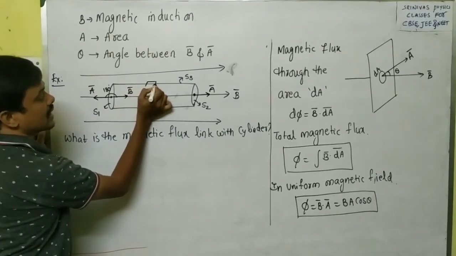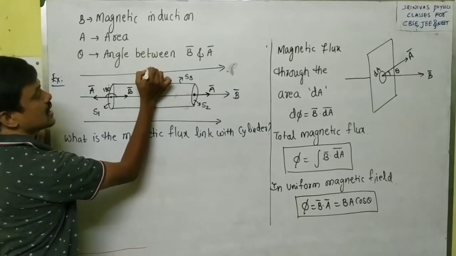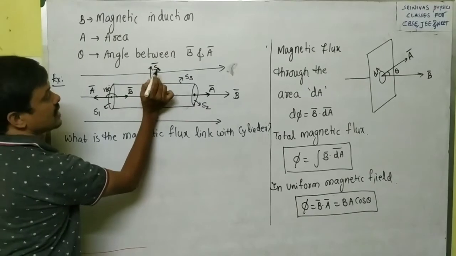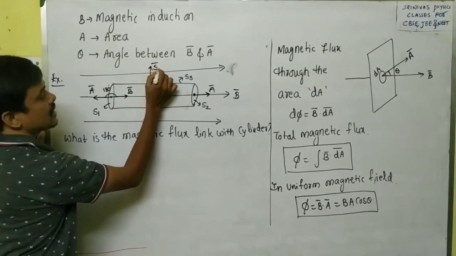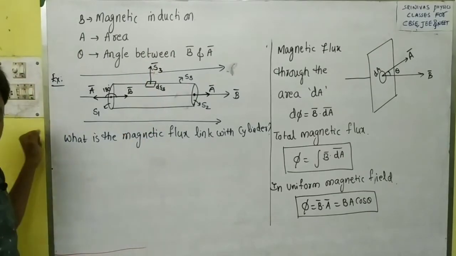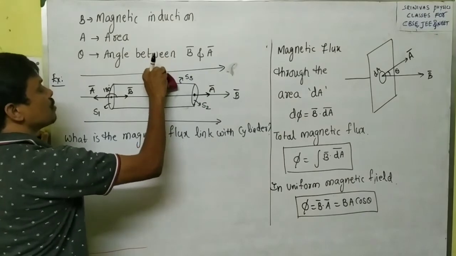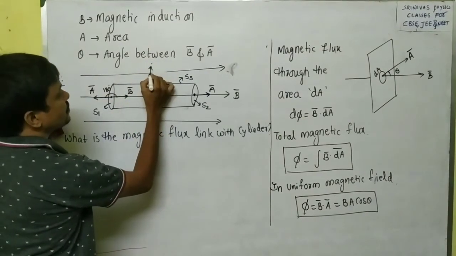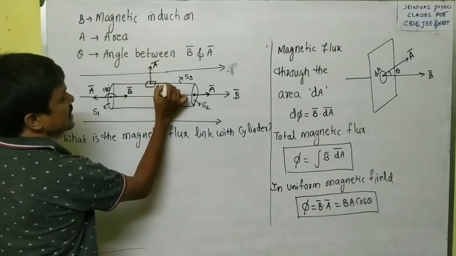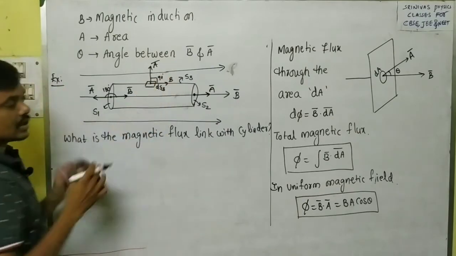You take a small part on the S3 surface, right? The area vector, S3 bar, is perpendicular to the surface, pointing above, but the field is right side. They are perpendicular to each other, right?